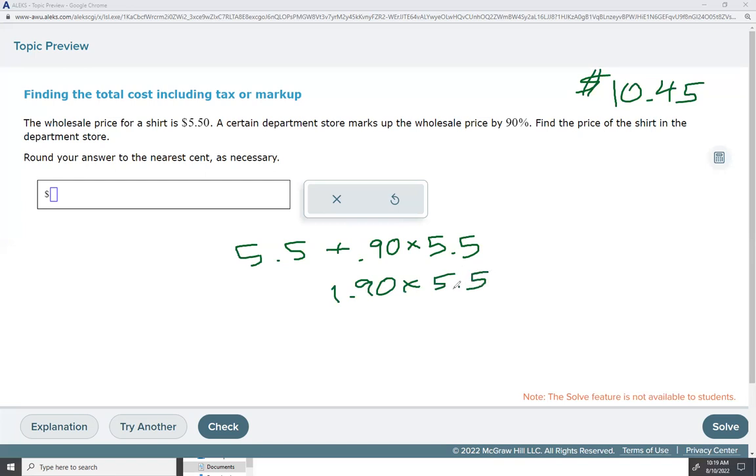Whoa, $10.45. Man, I'm a really good guesser. And that's how you do it. This is how some basic economics works. Hopefully you're not looking at this just saying, I want to pass the test. Hopefully you're also thinking, I want to know how the world works around me.